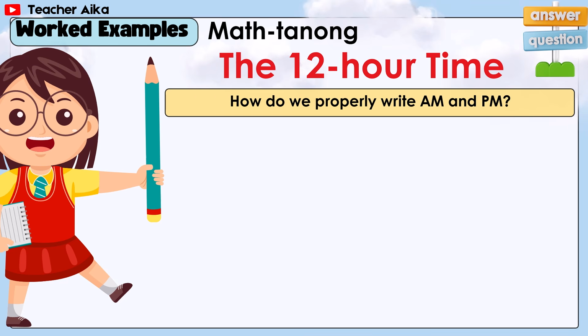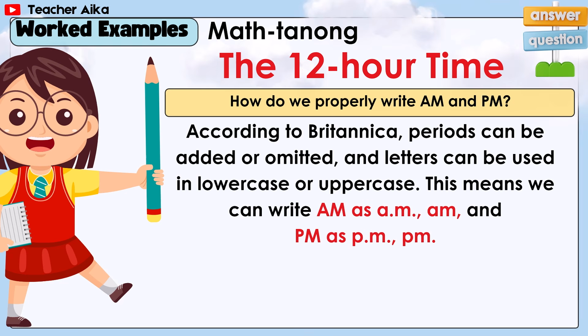How do we properly write AM and PM? The answer: according to Britannica, periods can be added or omitted and letters can be used in lowercase or uppercase.